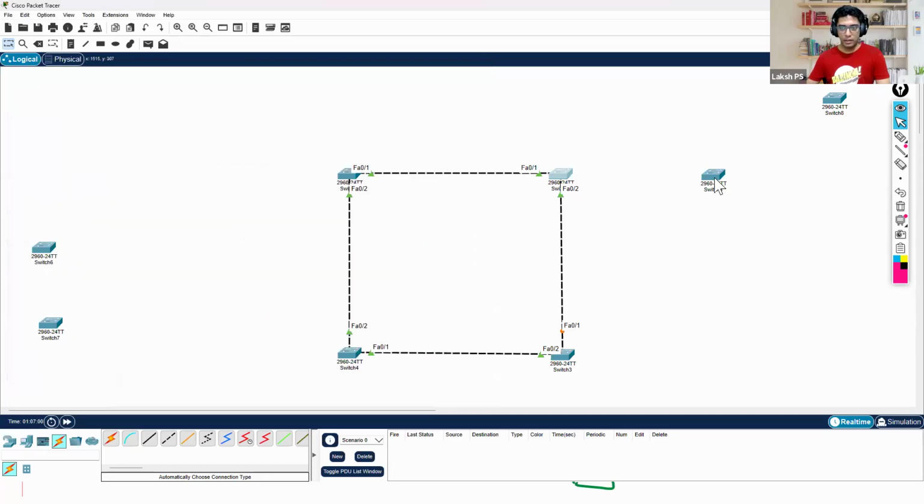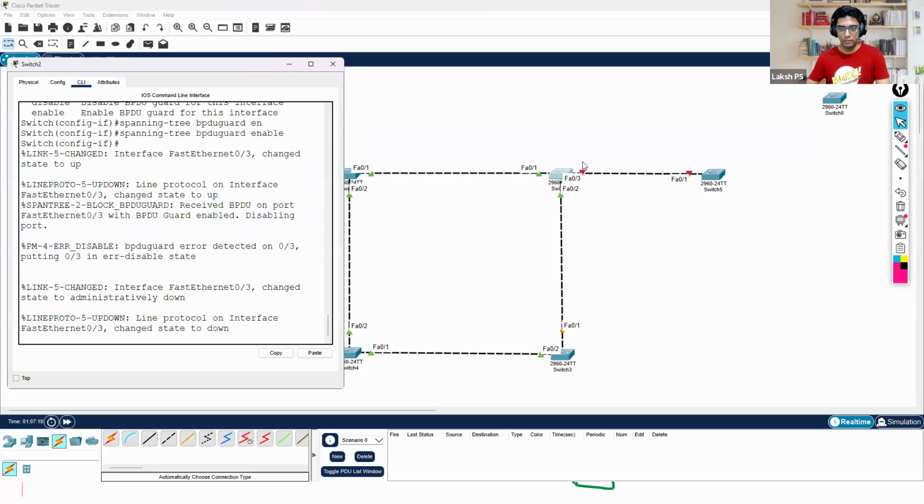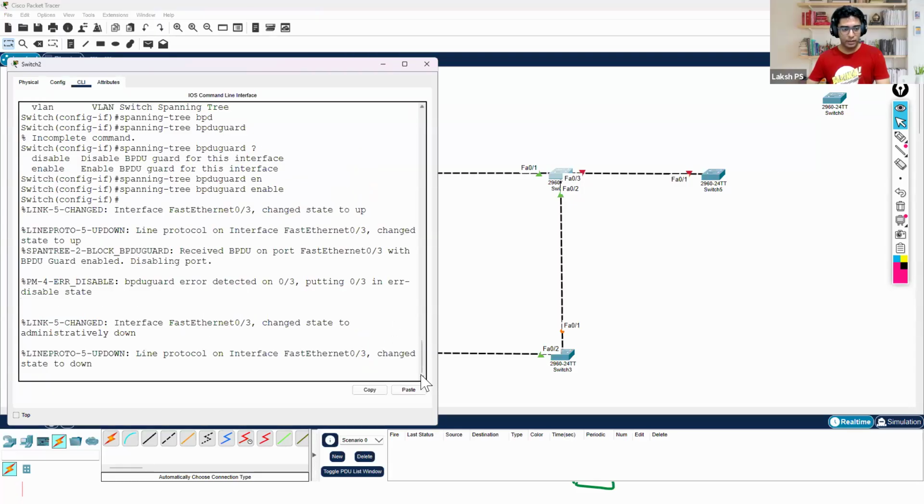Simple. Now let me connect switch 5, and here we should see this going into, yeah, you can see it has now moved into a red triangle. Now what does it say? It says received BPDU on 0/3 with BPDU guard enabled, disabling this interface.